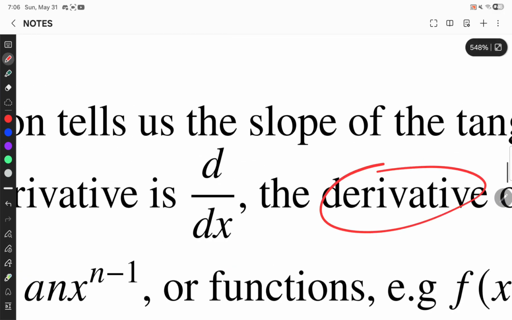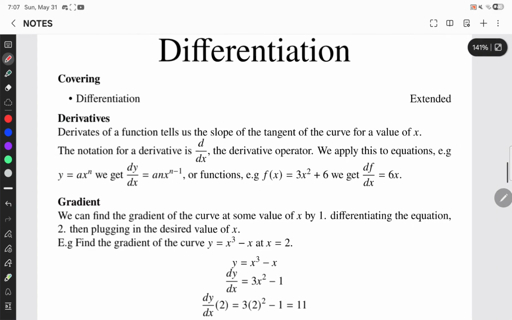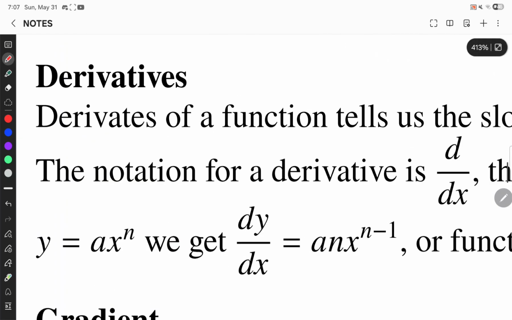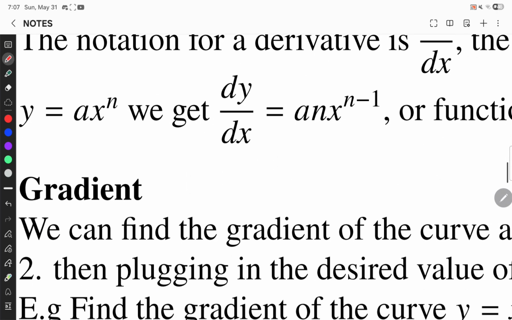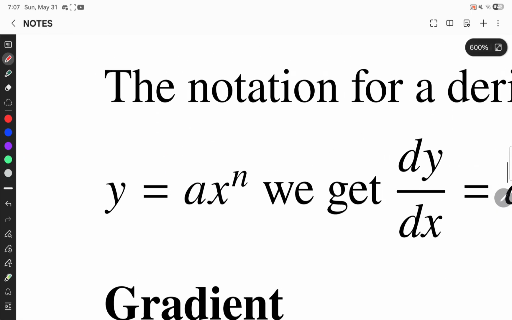Now I call it the operator in both of my notes, so I don't really know what on earth this actually is. It is the operation we apply on a function. We apply this to equations. Example, y is equal to ax to the n, we get dy/dx. Why do we write dy/dx here and something else over here? y is a function of x.